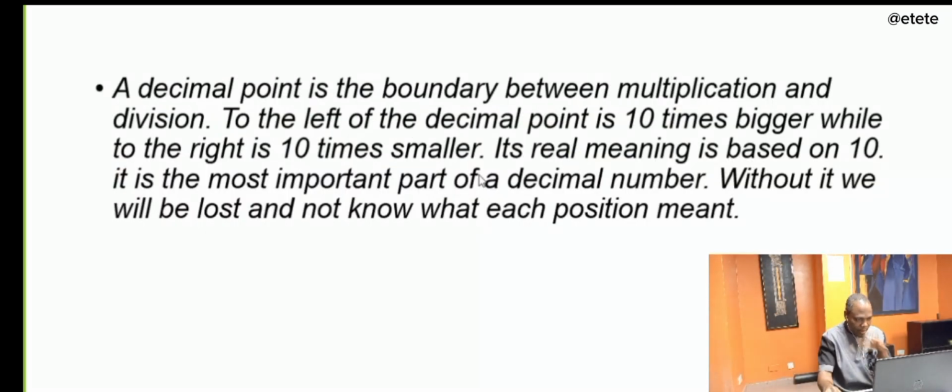Now, look at this write-up that I put here. A decimal point is the boundary between multiplication and division. To the left of the decimal point is 10 times bigger, while to the right is 10 times smaller. Its real meaning is based on 10. It is the most important part of the decimal number. Without it, we will be lost and not know what each position meant.